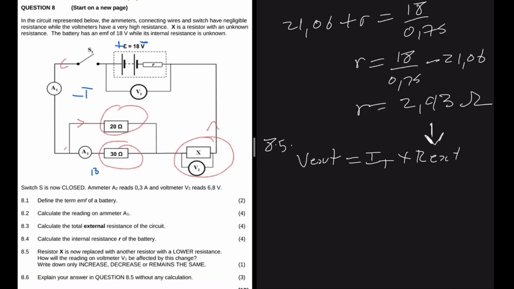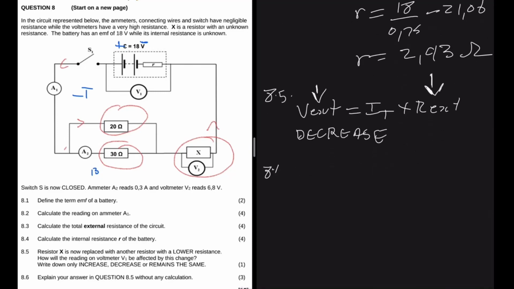So clearly here, when resistance external goes down, V external will also go down. And then we are asked what the reading of the voltmeter will be, right? The change will be decreased, because clearly when resistance external goes down, voltage external goes down.